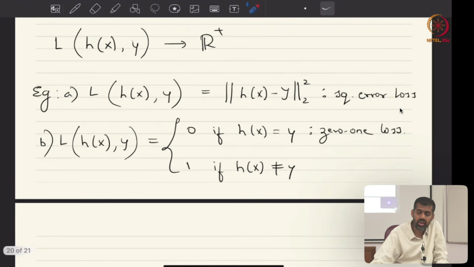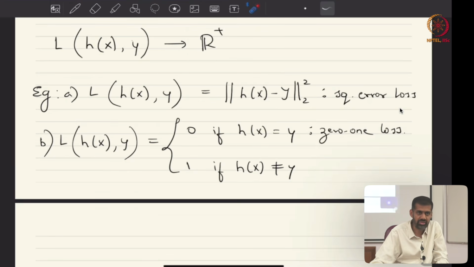But note that a loss function operates on a single pair of data. It takes one h of x, one y and gives you a number. But we cannot define objectives only by looking at one particular sample. We have capital N number of samples, and we need to aggregate the loss on all those samples. How do we do this?